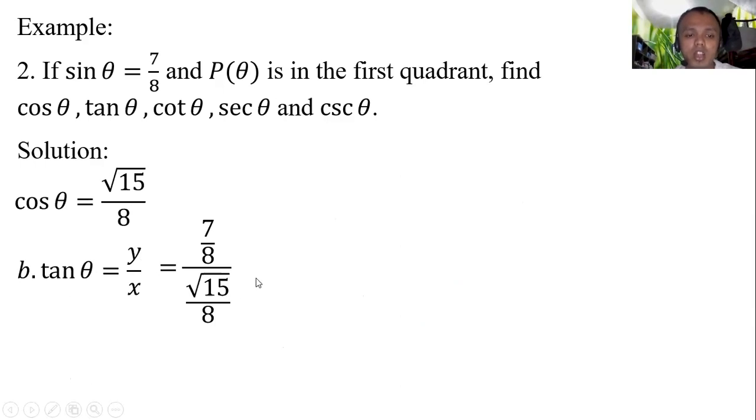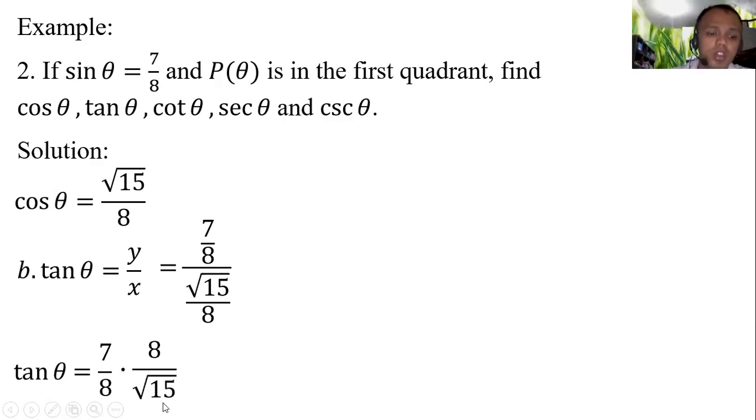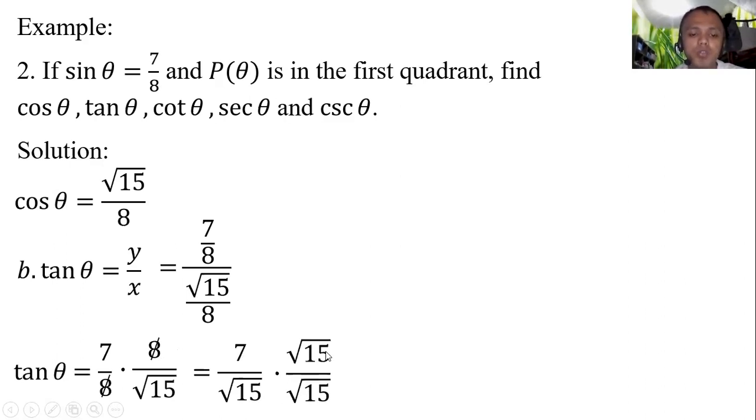Then, okay, multiply natin, no? 7/8 times the reciprocal of square root of 15 over by 8. We have 8 over by square root of 15. Okay, cancel this out. We have 7 over square root of 15. Rationalize natin, no? 7 times square root of 15, square root of 15 times square root of 15 is 15. Okay?